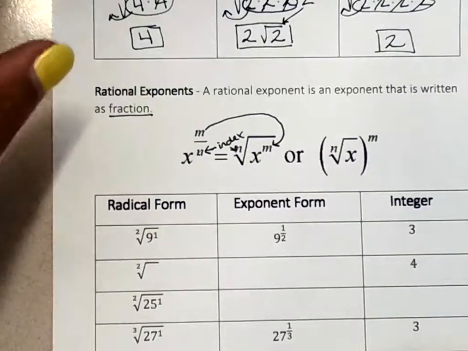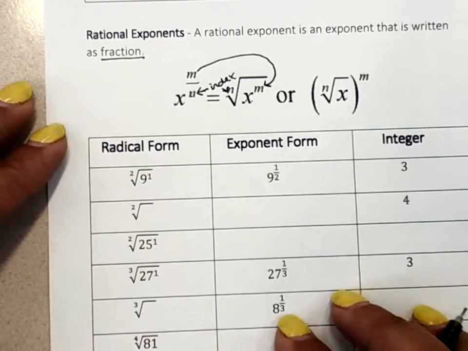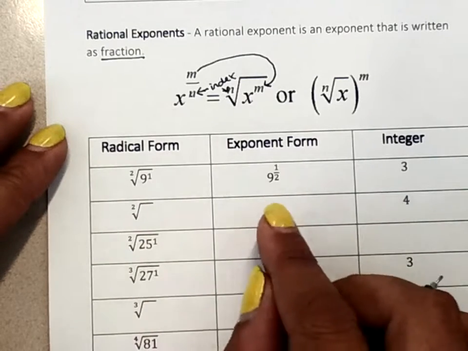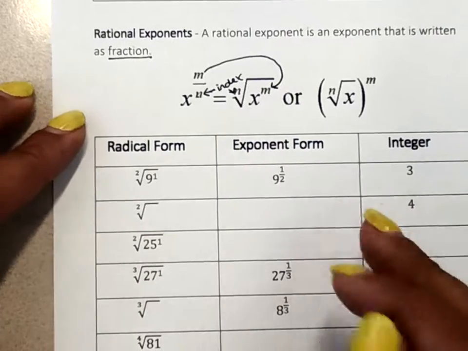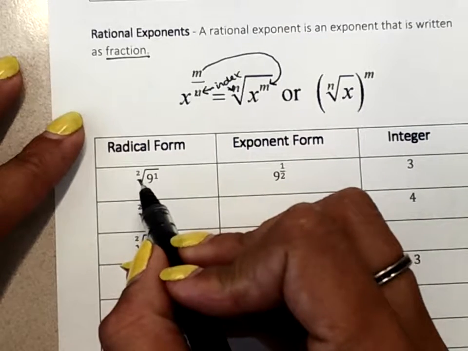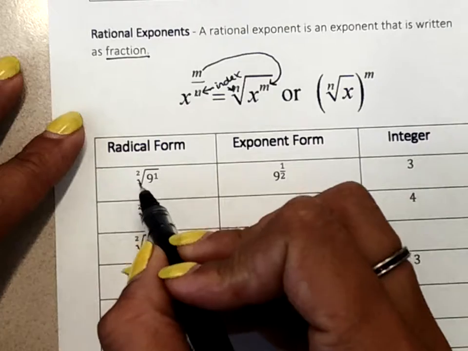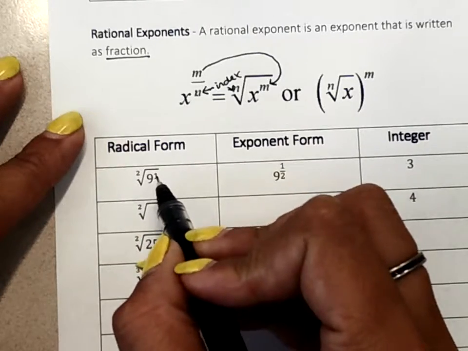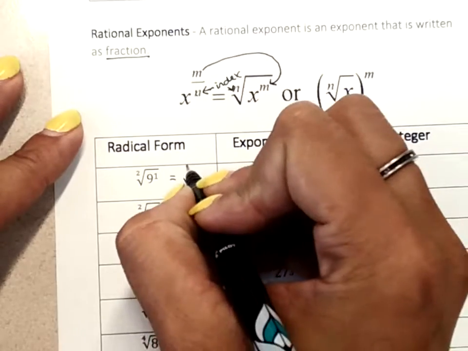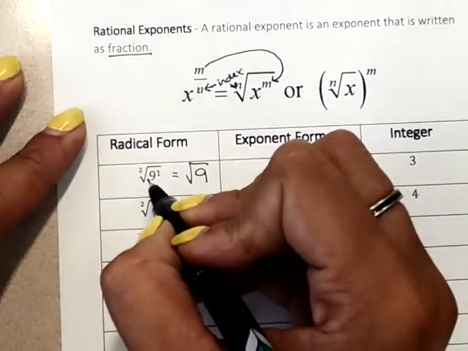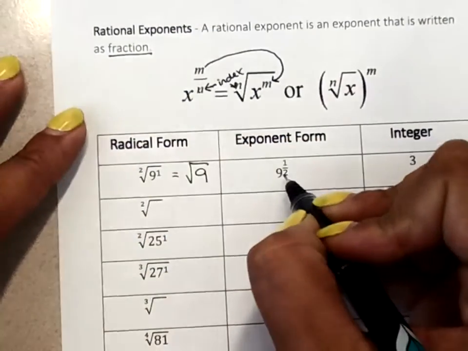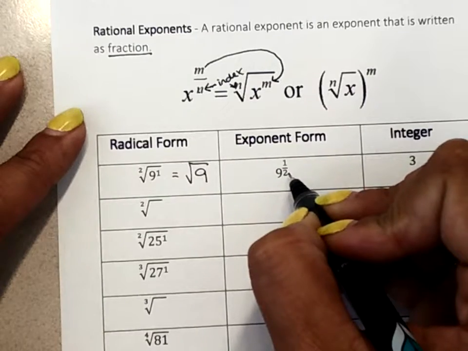So let's practice converting between radical form and exponent form, and then simplifying to the integer. The first one is done for us. The square root of 9 to the first power, which is also the same as just saying the square root of 9, these are the same things, can also be written as 9 to the 1/2 power.